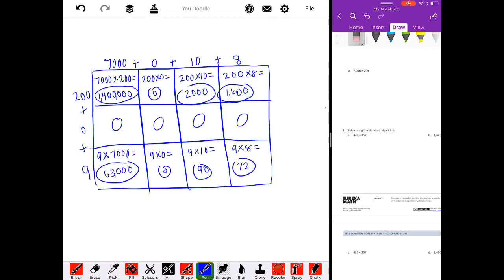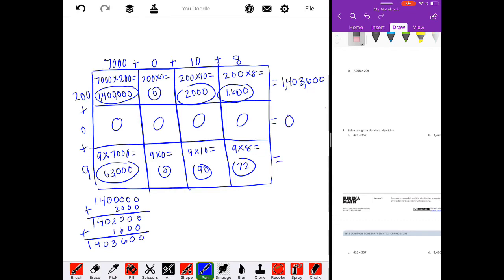Now we need to add. So 1,400,000 plus 2,000 plus 1,600, so this is going to be 1,403,600. This is going to be 0.